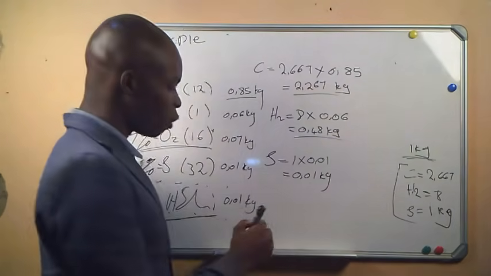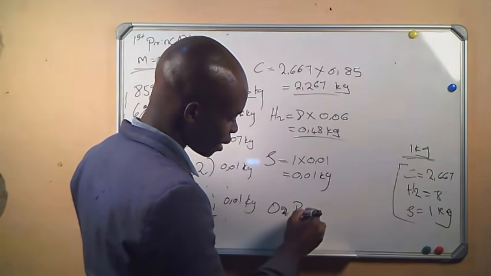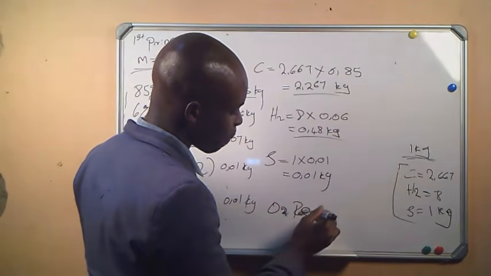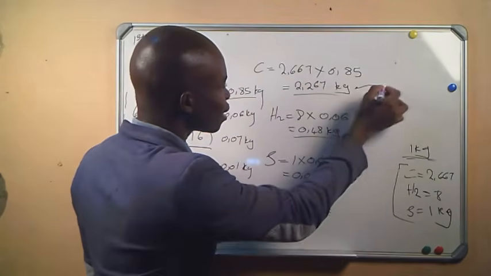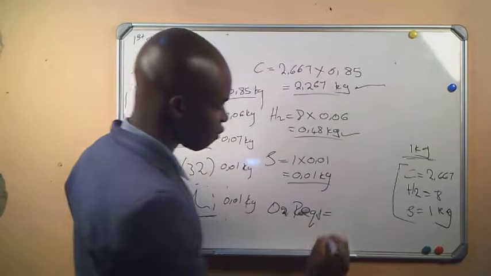So now the amount of oxygen that is required by the fuel that we are burning, we are going to say this is the oxygen of the carbon, the oxygen of the hydrogen, and the oxygen of the sulfur.